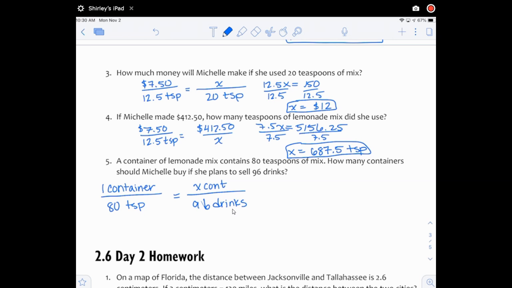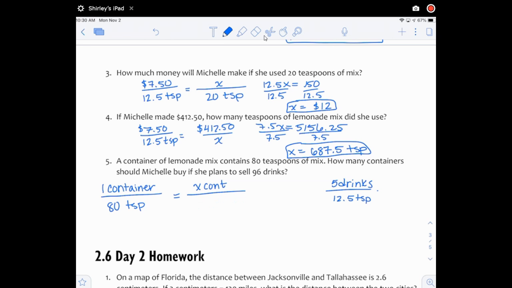Okay, so I'm going to take the information that I know. I know that from the beginning, 5 drinks used 12.5 teaspoons. So if I want my label to match over here, I need to convert 96 drinks into teaspoons. So I'm going to erase this.